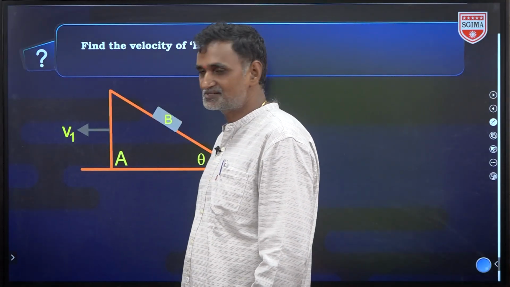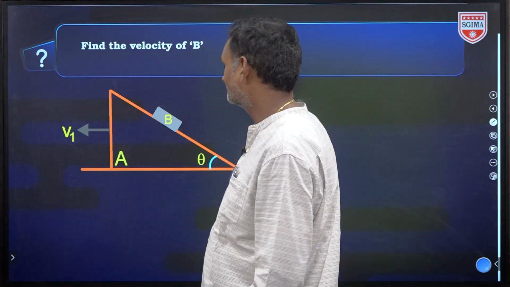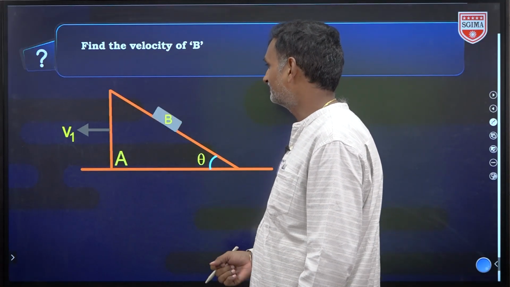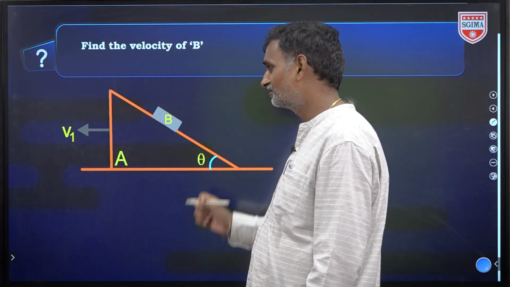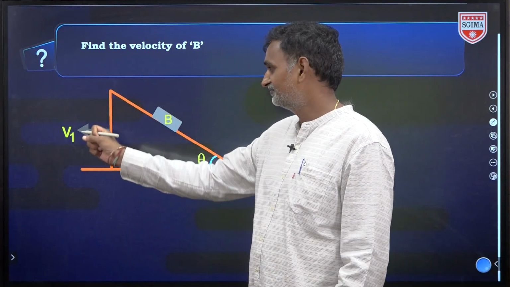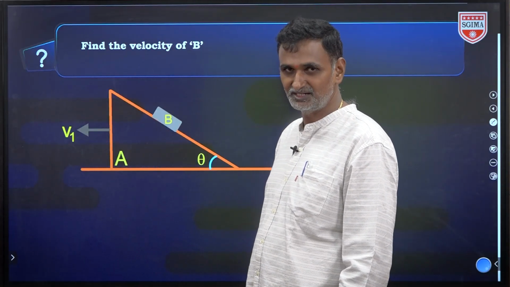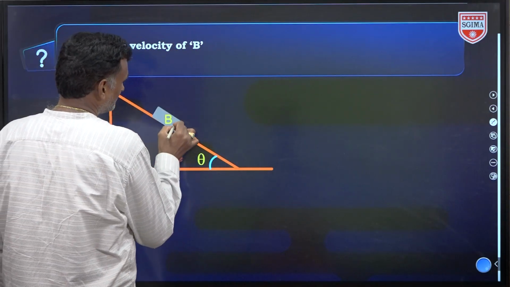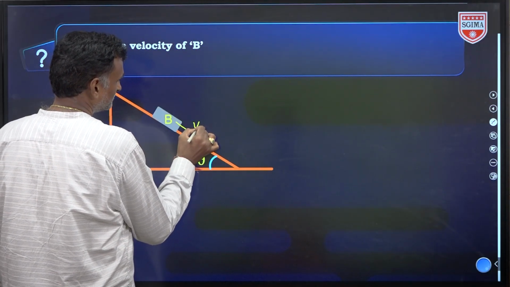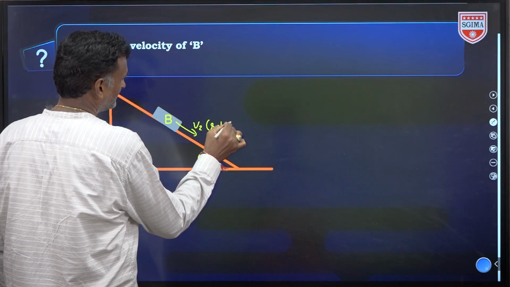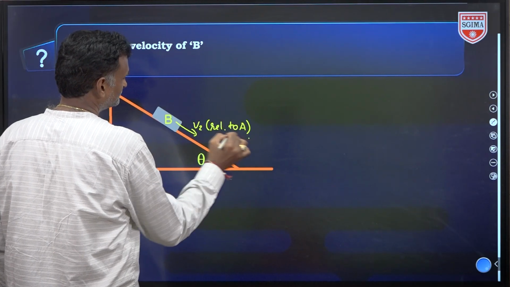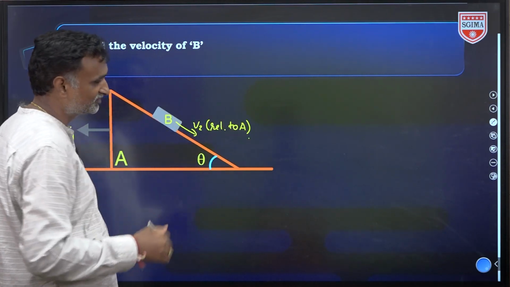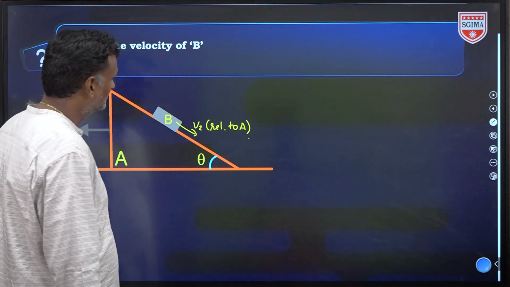Here they are asking to find the velocity of B. Okay? So with what velocity will B fall or move down? Whenever it is having velocity V1 on the left side, suppose it falls with a velocity V2 relative to A, not with respect to the ground.